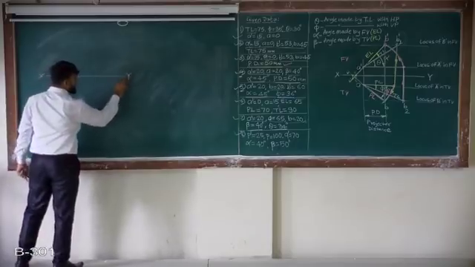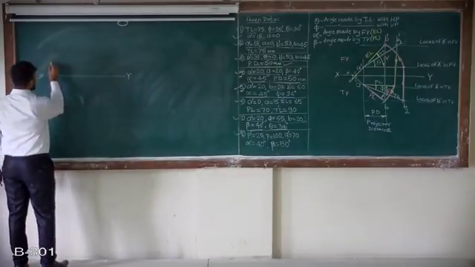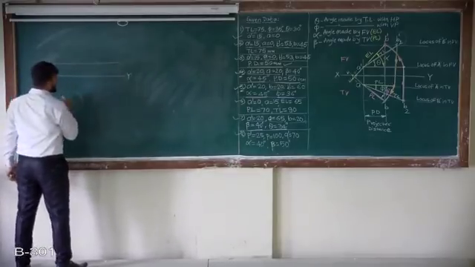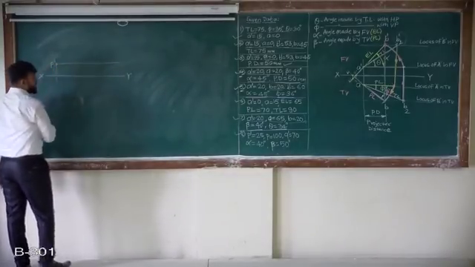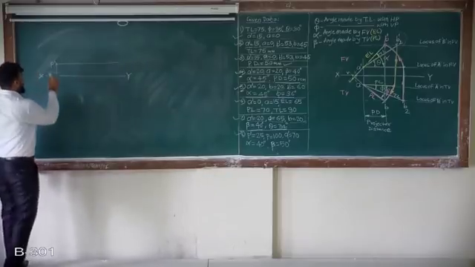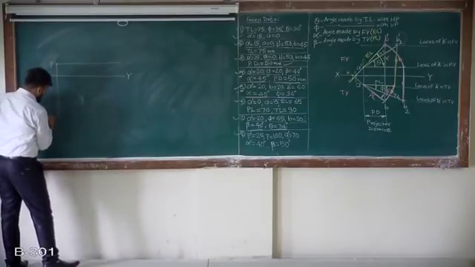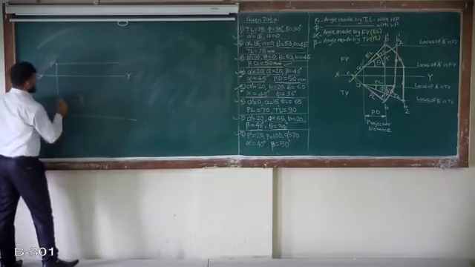So draw first XY, mark P dash 25 mm above and P at 100 mm below XY.